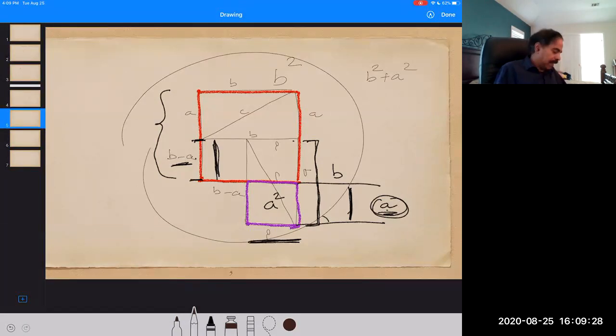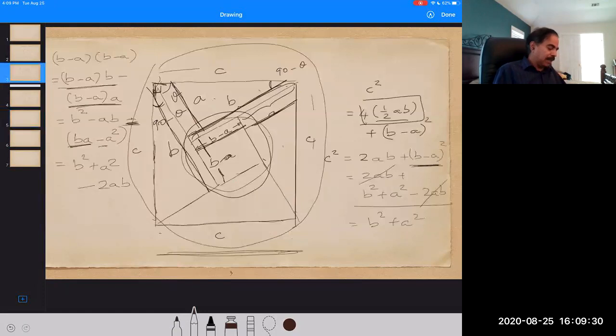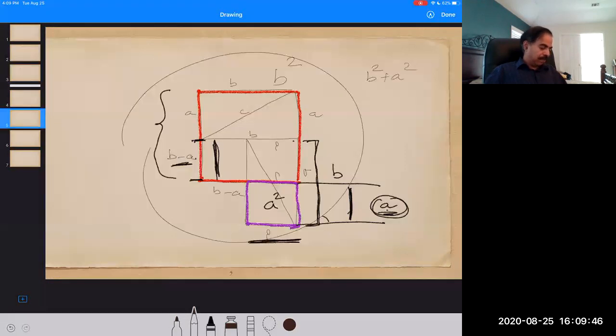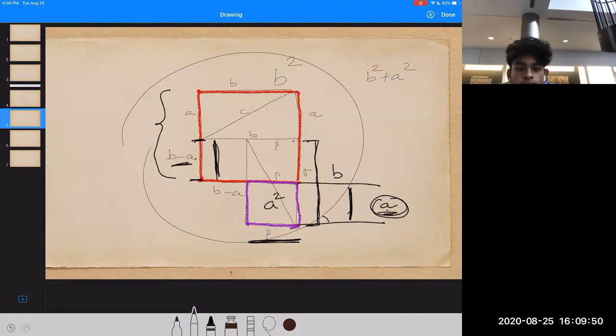And again, that must be the same as the area of this square, which is C square, because all we did was take the tiles out and rearrange them. So that is an area preserving transformation. Therefore, it should be the case that A square plus B square equals C square.